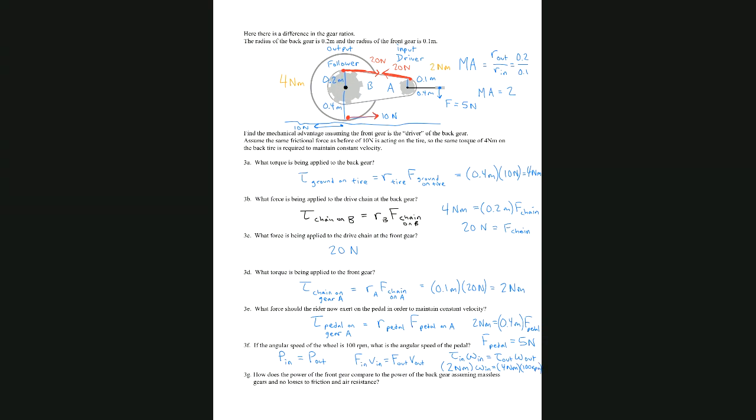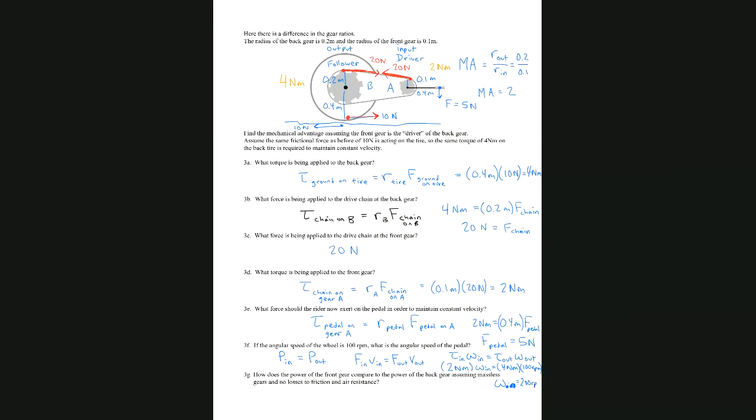Now, if we solve that equation, 4 times 100 divided by 2, you get this, that omega in has to equal 200 RPM.